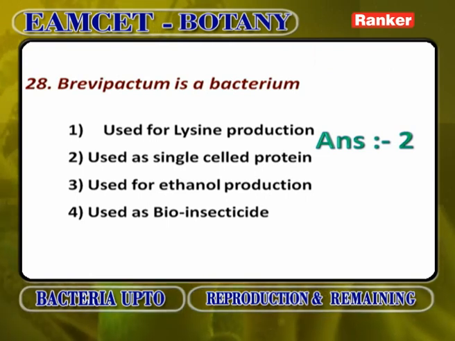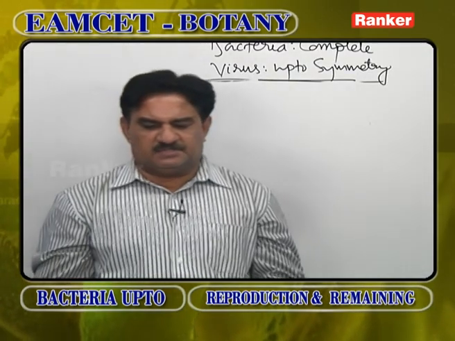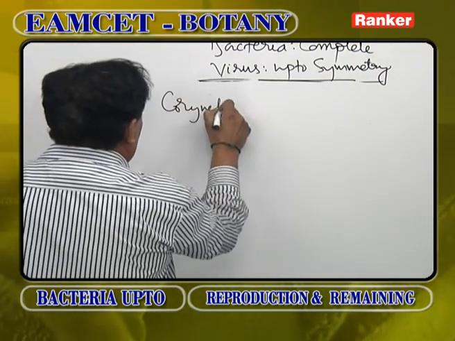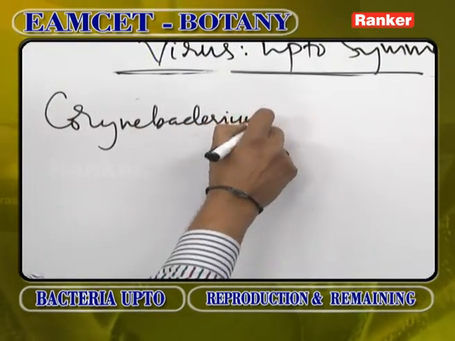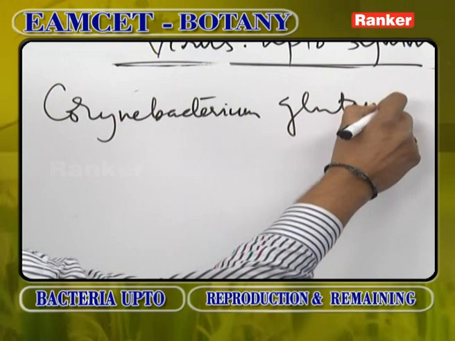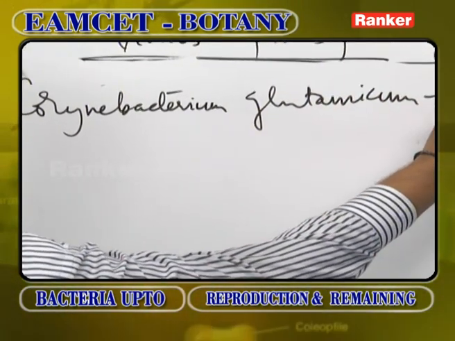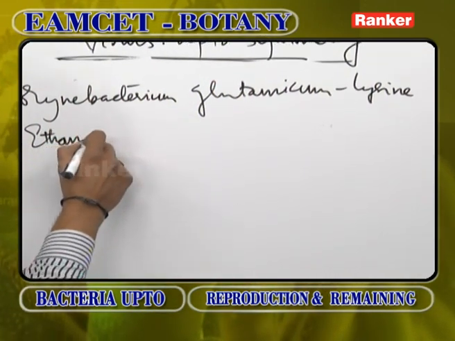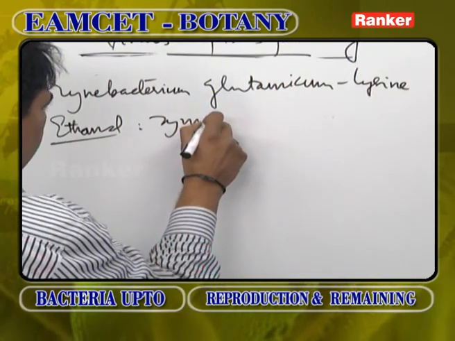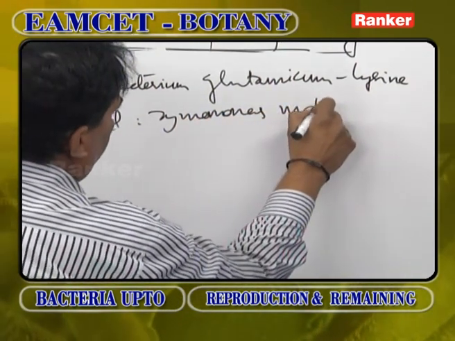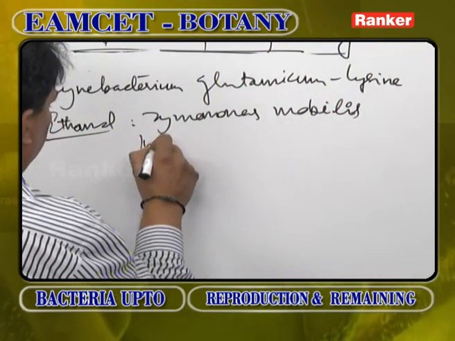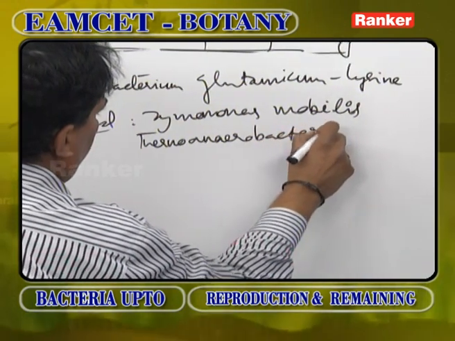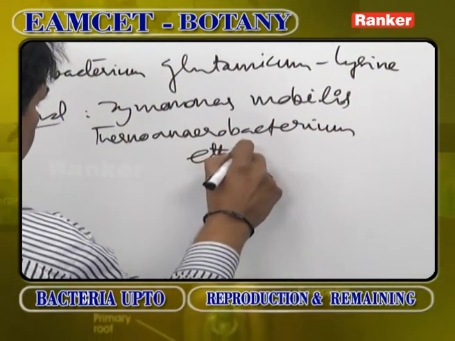Brevibacterium is a bacterium used in lysine production. Lysine production is given by Corynebacterium glutamicum. Ethanol is given by Zymomonas mobilis or Thermoanaerobacter ethanolicus.